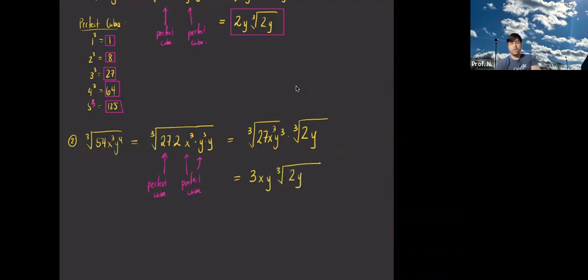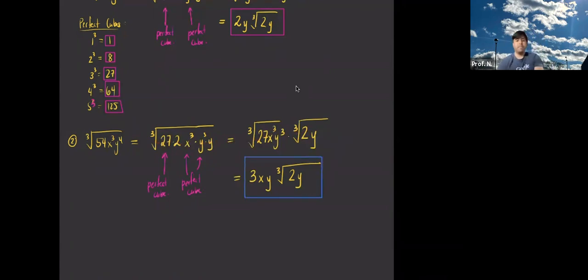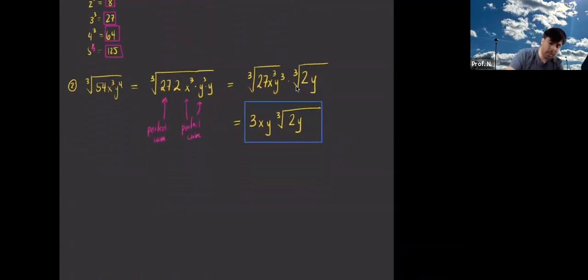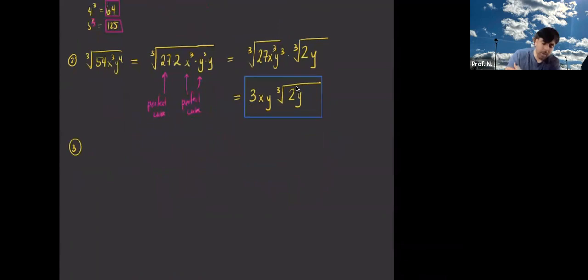So the original radical expression, the cube root of 54x cubed y to the fourth, was simplified into this new expression as 3xy cube root of 2y. So I simplified that as much as I could. And then finally, I'll do the last one. Now the last one here is the cube root of 250y.